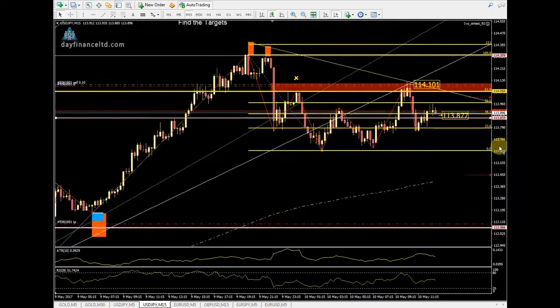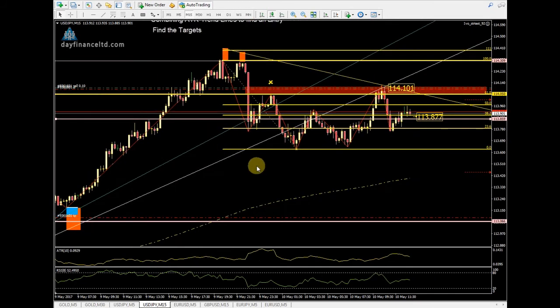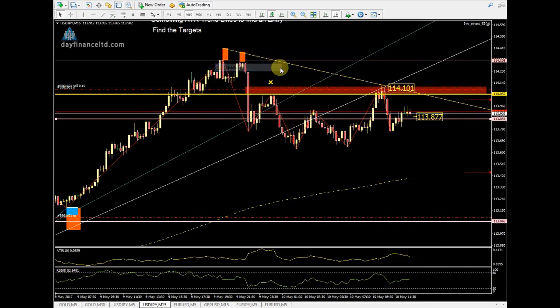I will enter there, and then I want my stop loss to be small, so I will use the value from the double top there. Let me delete that. Okay, I will use that to find my stop loss. Why can't I move this one, please?